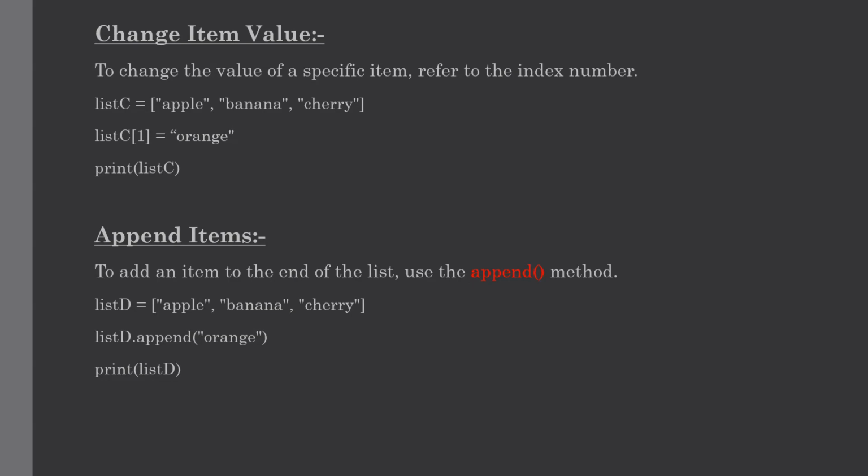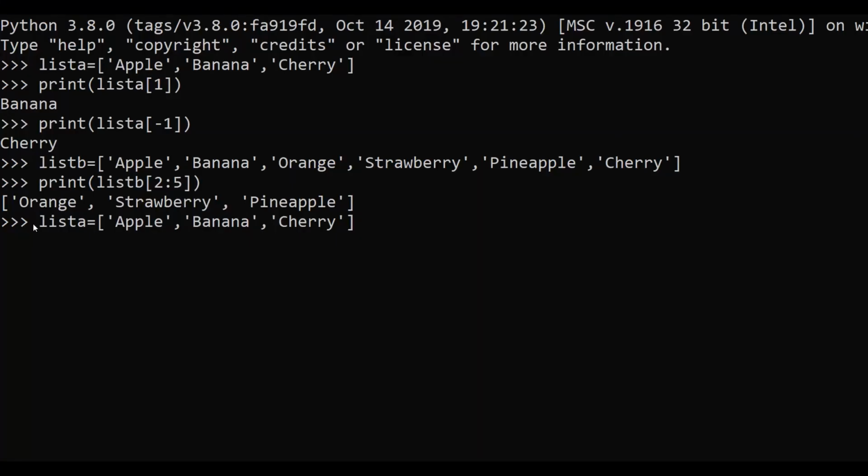Our next topic is how to change an item value. To change the value of a specific item, refer to the index number. For example, this is our list A. If you want to change an item in this list, we just have to mention the index number which we want to change. So use the list name, and in square brackets denote the index which you want to change.